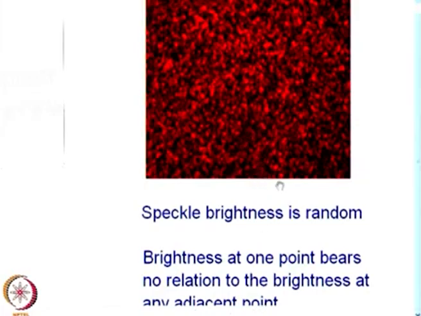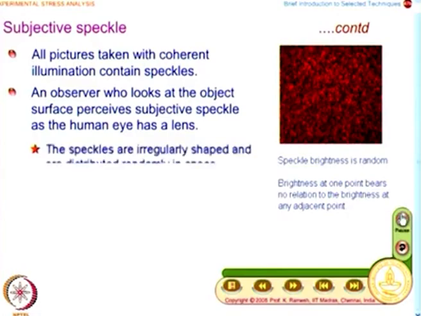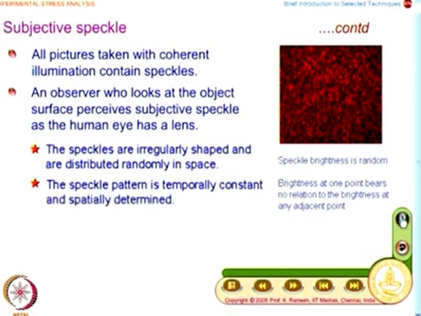So, speckle brightness is random, these are all the characteristics of it, and it is put in a slightly different set of words, because this is a very important characteristic.